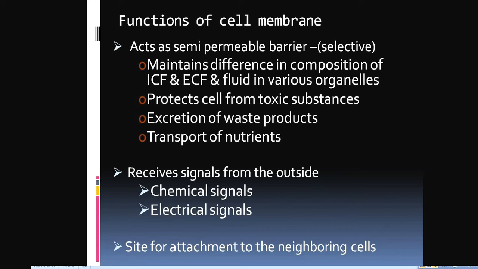Secondly, the cell membrane receives signals from outside, either chemical or electrical signals. Cell membrane also acts as a site for attachment to the neighboring cell. These are basically the three important structural functions of cell membrane: selective permeability, receiving signals, and site for attachment to neighboring cells.